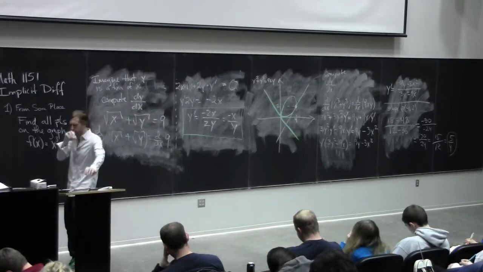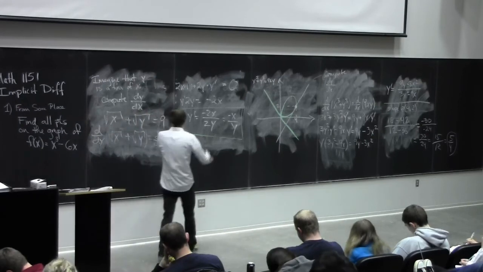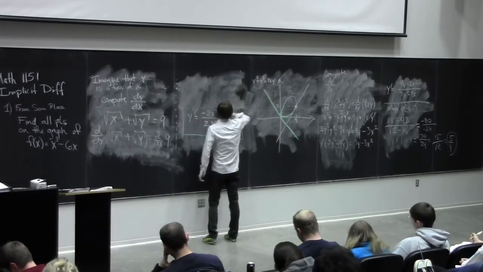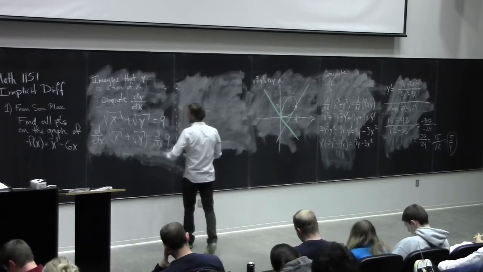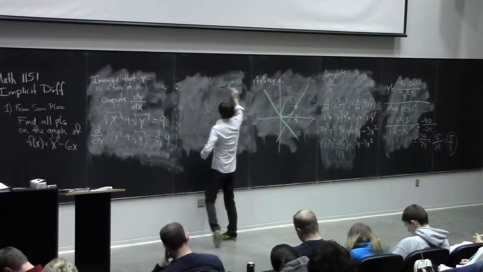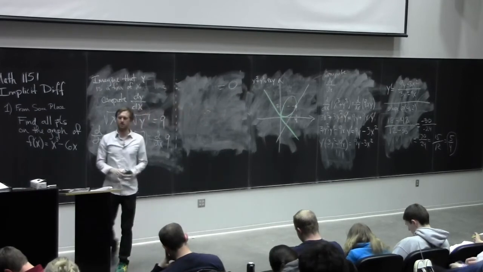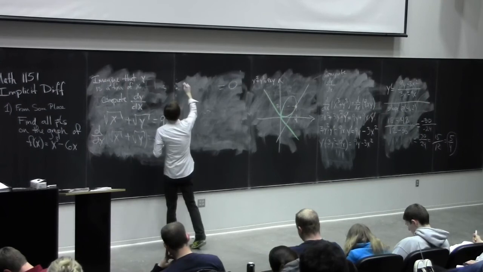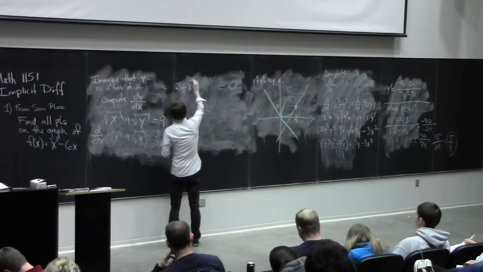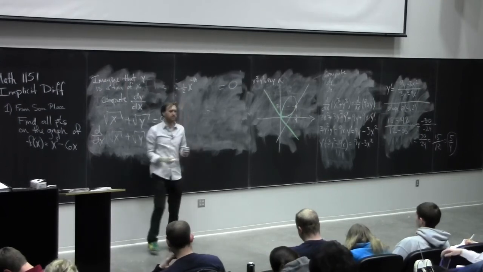Okay, great. All right, so it equals 0. And the derivative of the square root of x is going to be 1/2 x to the minus 1/2.